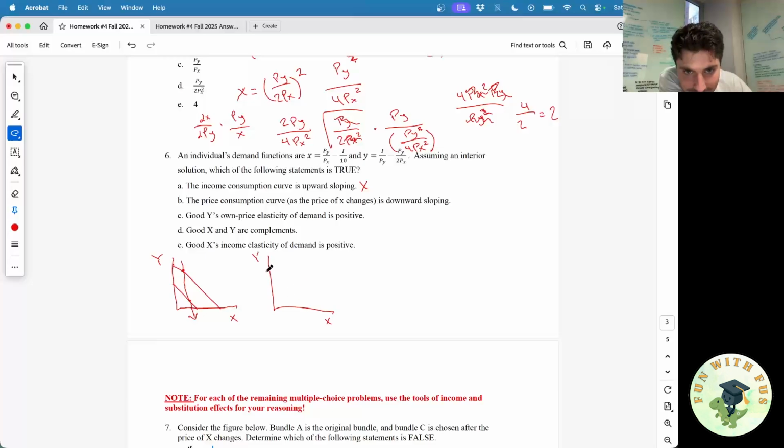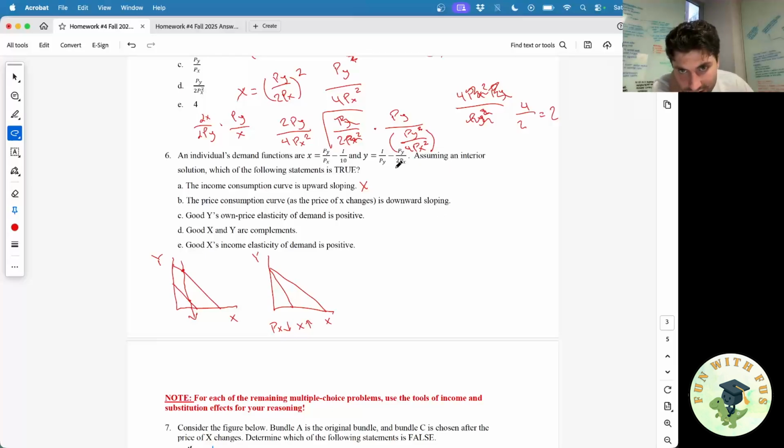But as the price of x changes, so let's just decrease the price of x like we always do. And I'll write that the price of x went down, just to remind myself. So as the price of x goes down, I would expect my x to go up because the denominator is getting smaller, which means I'm dividing by less.